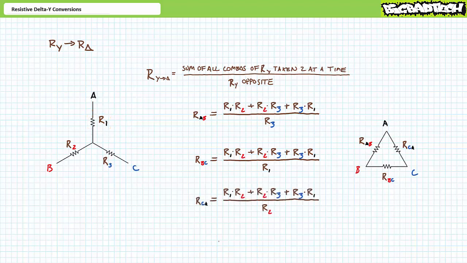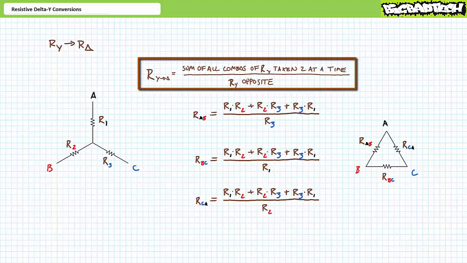Finally, to solve for RCA, the equivalent delta resistance element between nodes C and A, take the summation of all possible products of the Y resistance elements taken two at a time, R1 times R2, plus R2 times R3, plus R3 times R1, divided by the resistance element opposite from it, in this case R2. Do not remember these three formulas. Remember this formula.